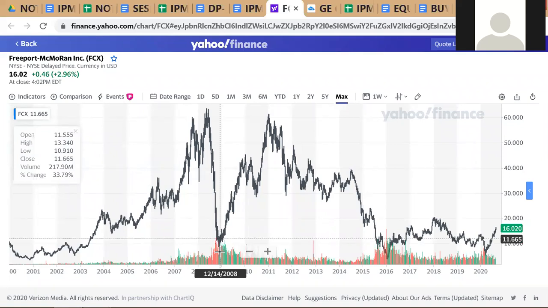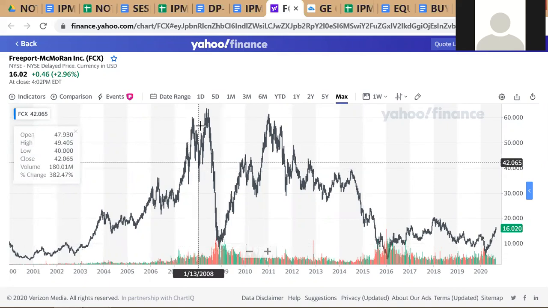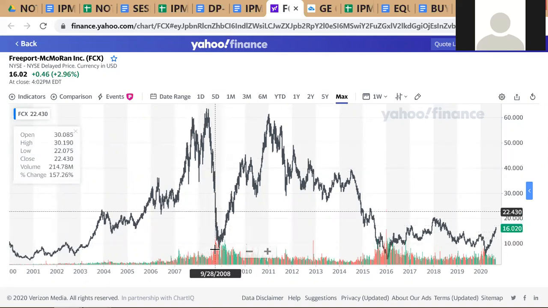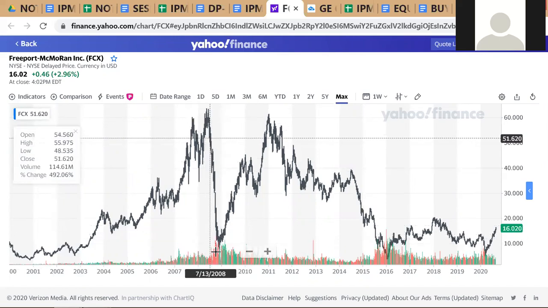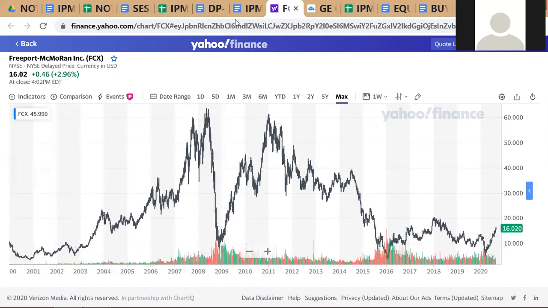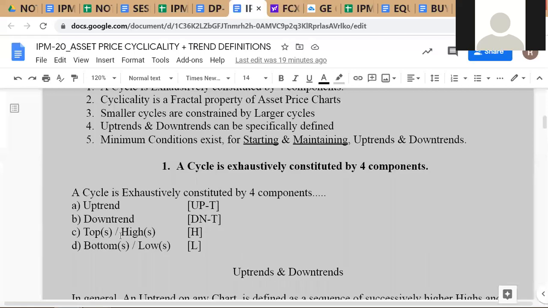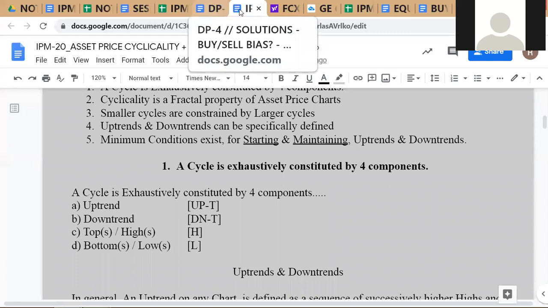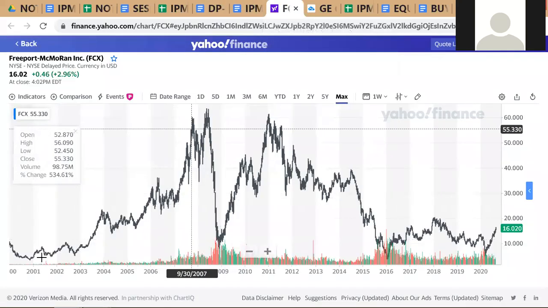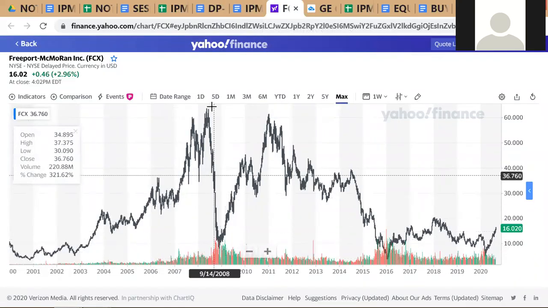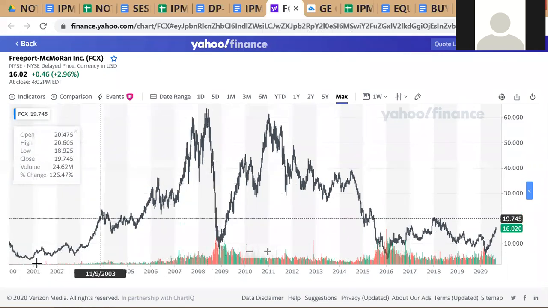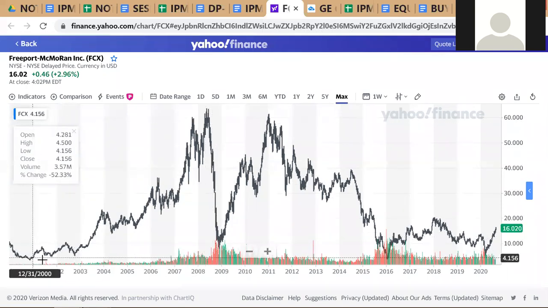So what is in that cycle? Every cycle will have 4 components. There'll be an uptrend, a downtrend, a high, and at least 2 lows. In fact, that's why I said highs and lows. Depending on what you have, in this case, because it's a cycle low to low, there is 1 high and there are 2 lows. So there will be 4 components: uptrend, downtrend, highs, and lows.